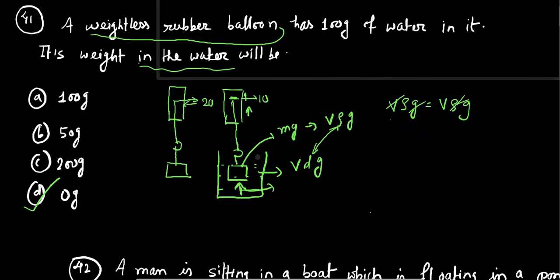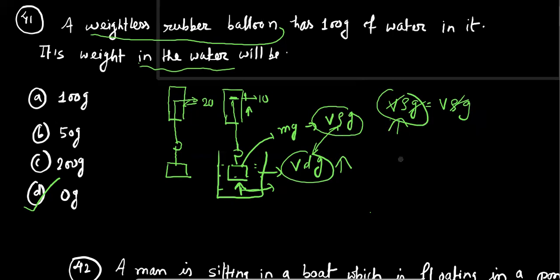Okay, there is upthrust, yes, sorry, saying there is no upward force is not a correct way. There is upthrust which has the same upward push, which is equal to the weight of water.